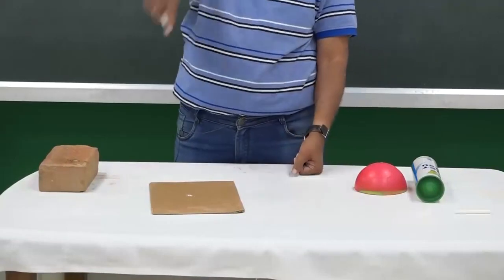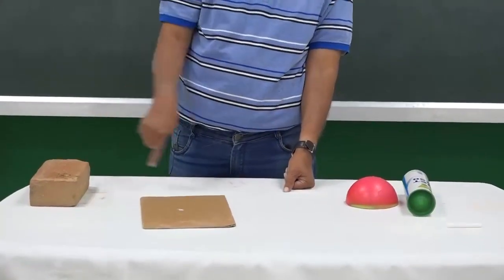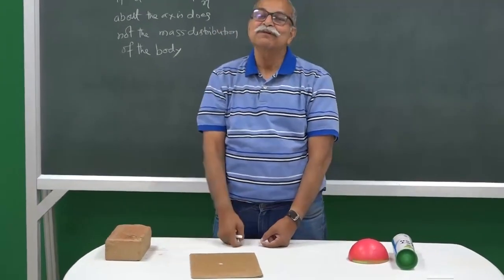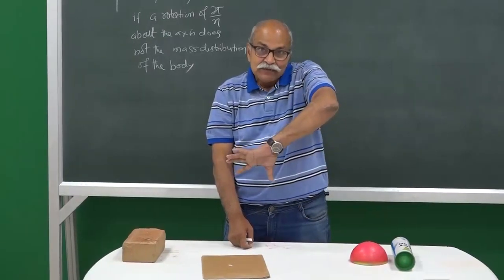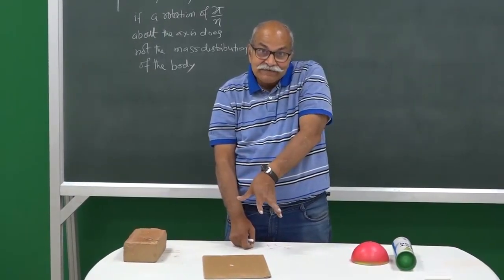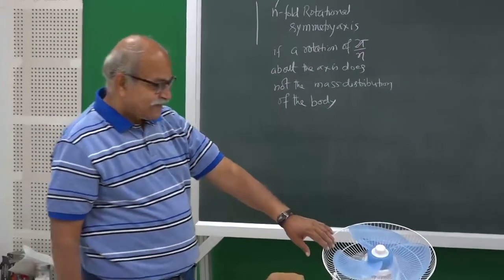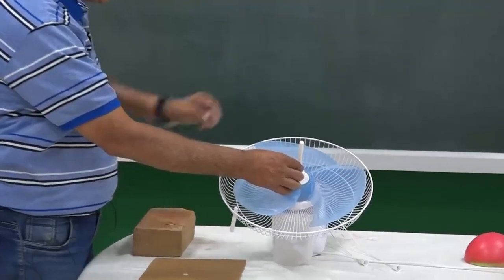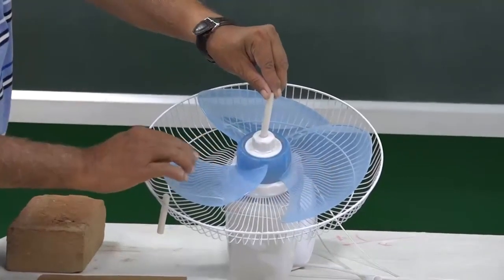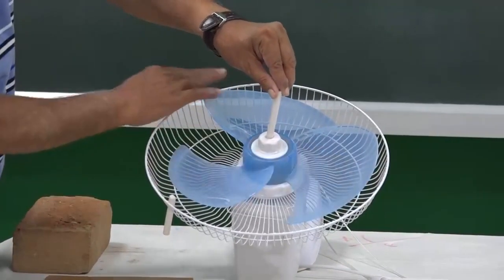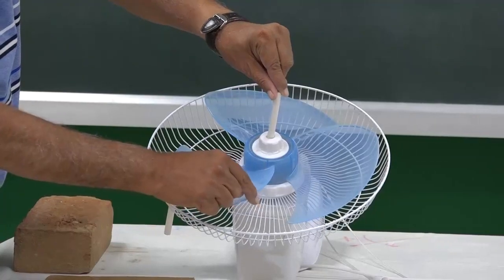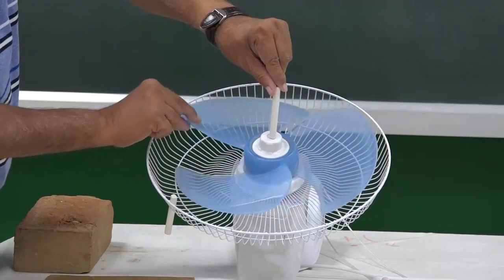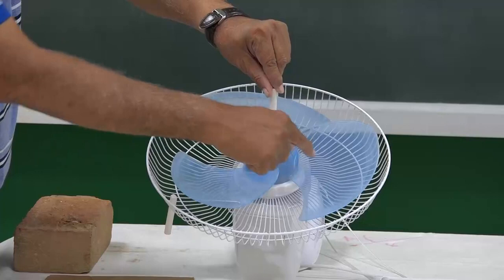So, this axis is a two-fold rotational symmetry axis. Similarly, suppose you have an equilateral triangular plate, and you are at the centroid, and you draw a line perpendicular to the plane and rotate by 2 pi by 3, 120 degrees. Look at this object, like a fan: this blade is here, this blade is here, this blade is here. I rotate this fan by 120 degrees and I obtain the same mass distribution.